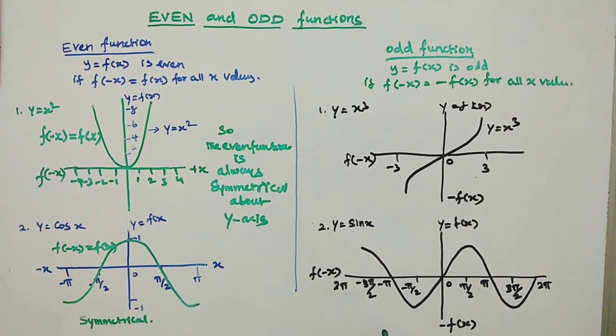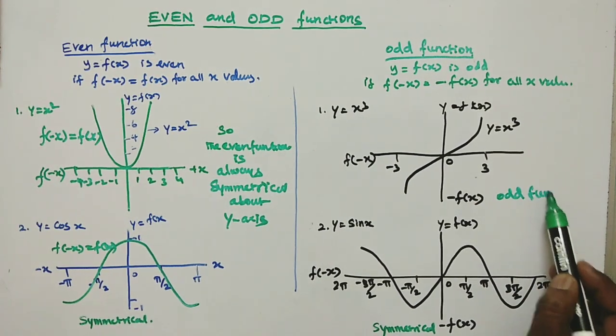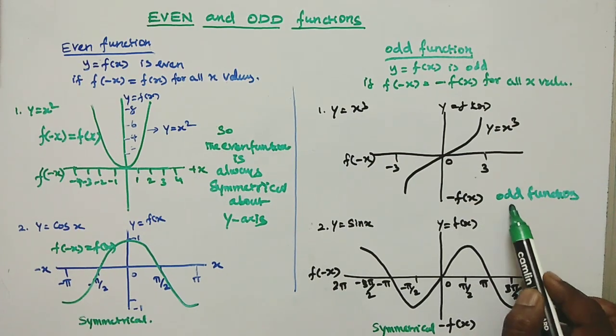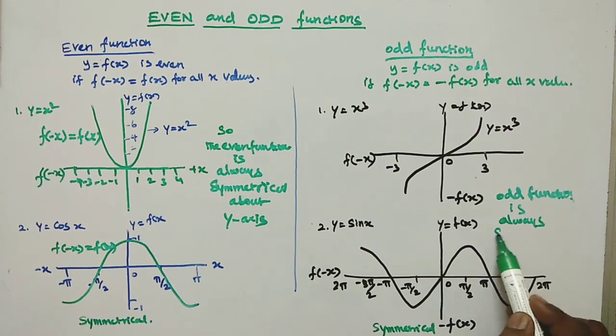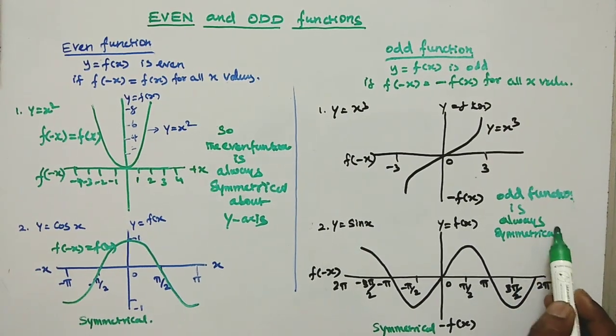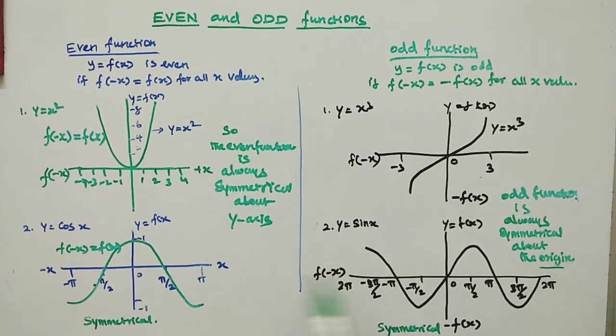Therefore, we can state easily the symmetrical property: the odd function is always symmetrical about the origin. So this is a major difference between the even function and the odd function.